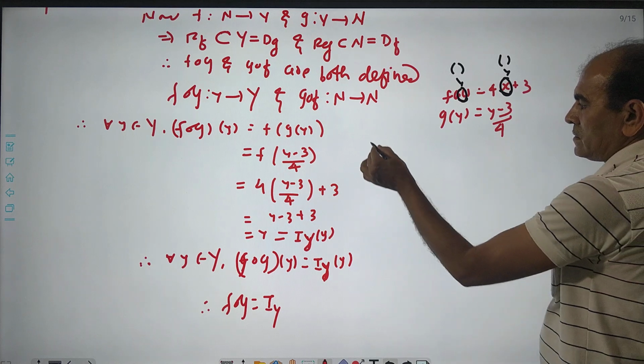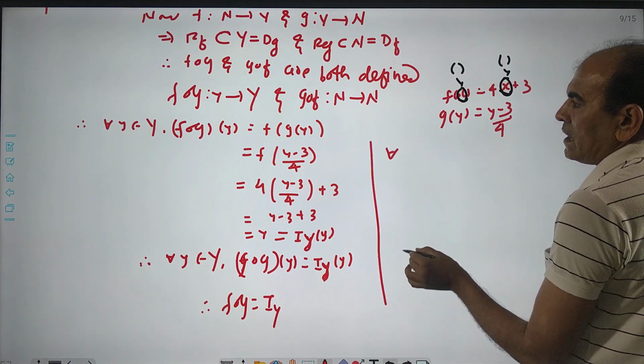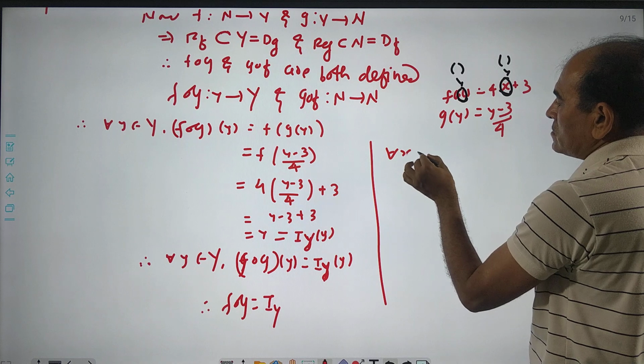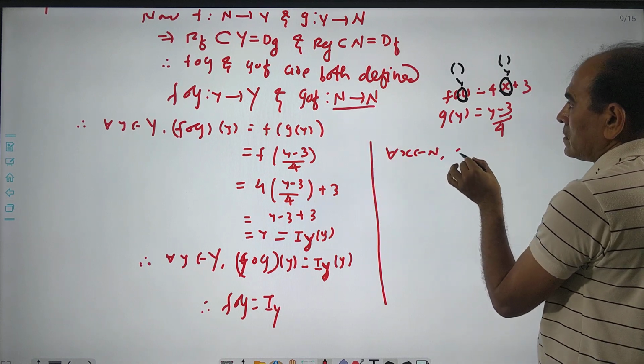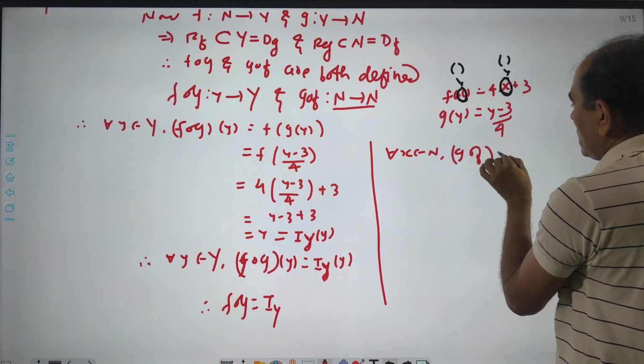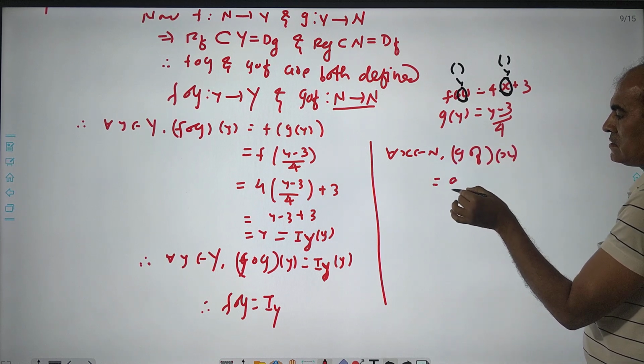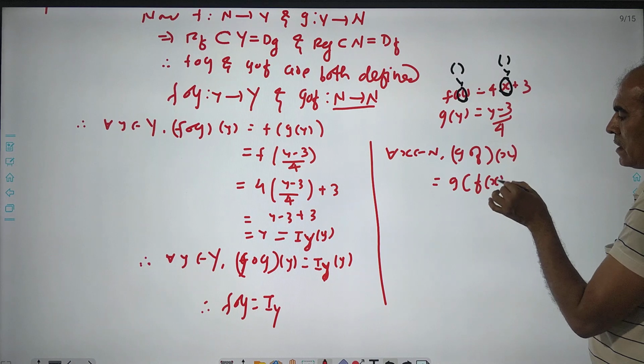Similarly, what we will see? For all x belongs to N. Why? Because N to N. (g of f) at x is equal to g of f of x.